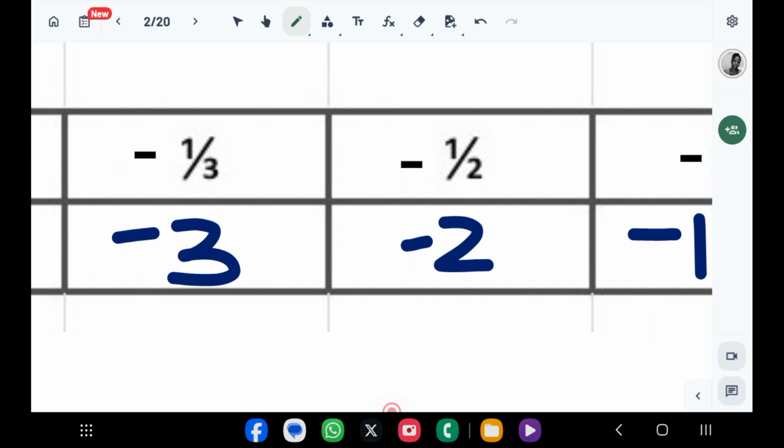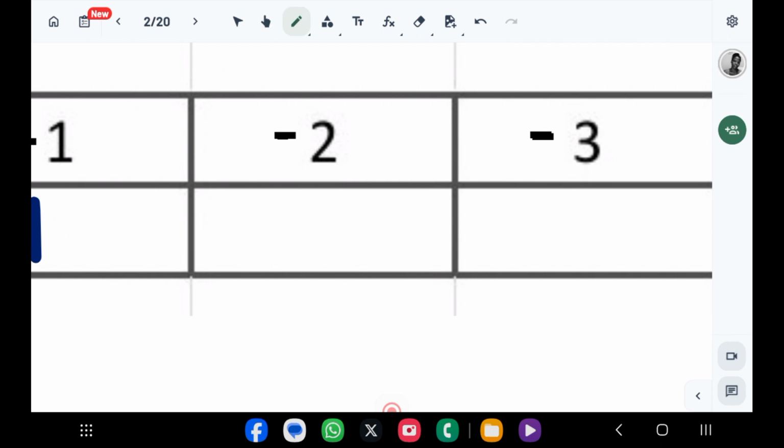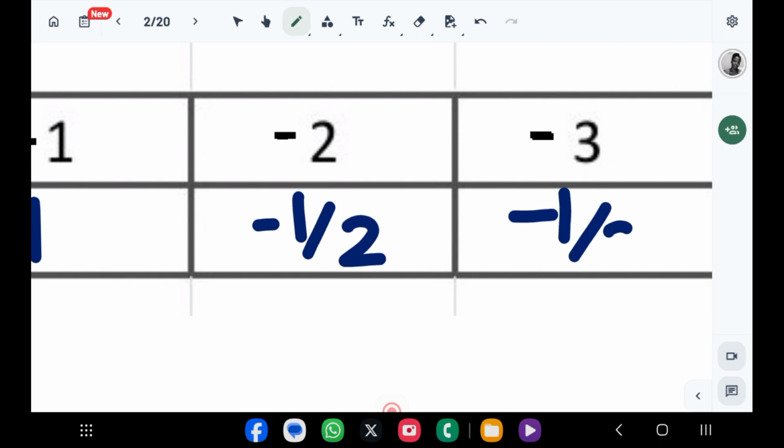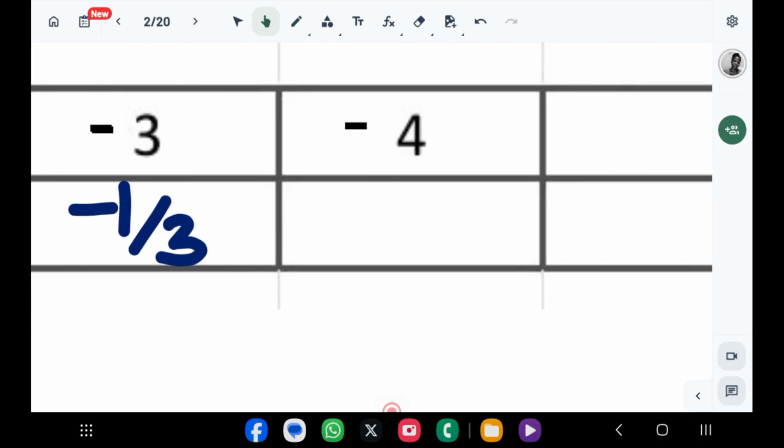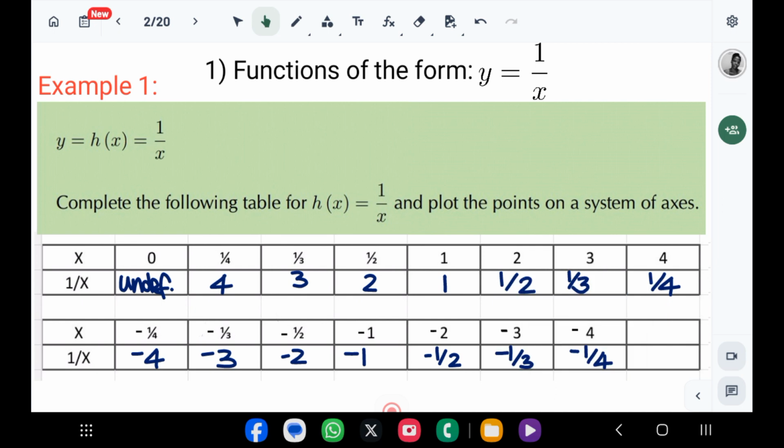Negative 1. And on the other side, we've got negative half, negative a third, and the last one will be negative a quarter, negative 1 over 4. Now let's plot these points on the Cartesian plane.